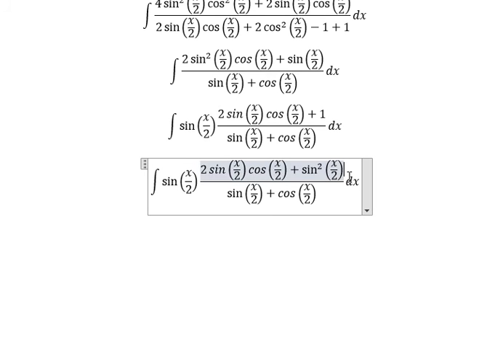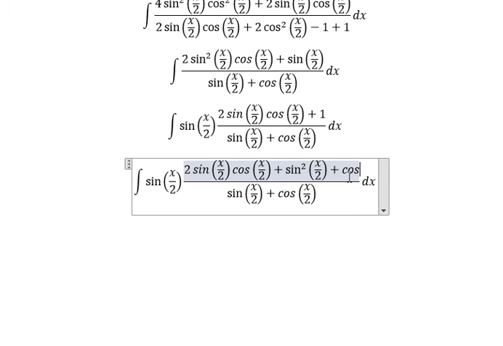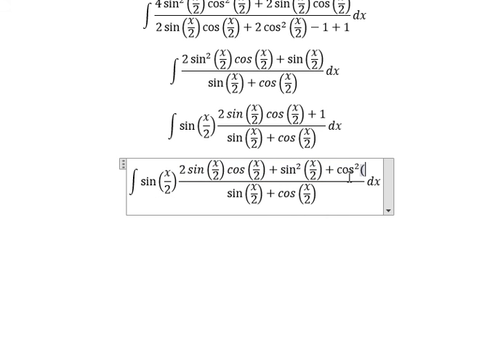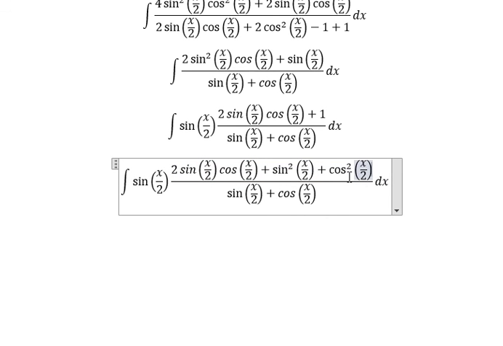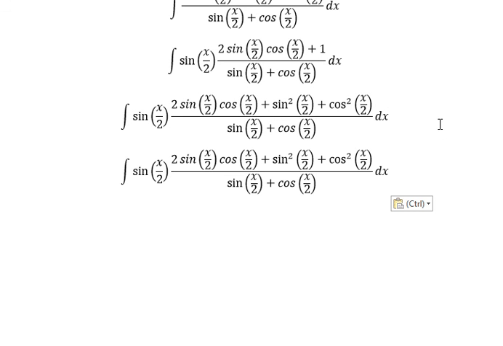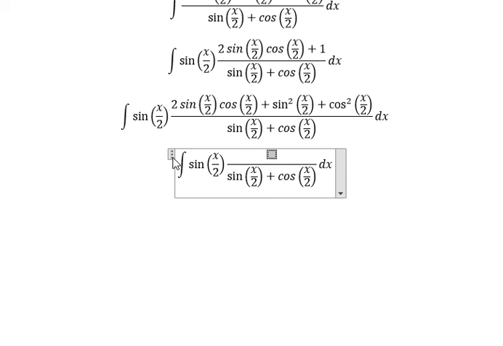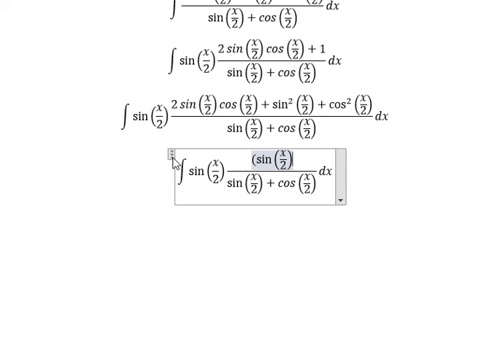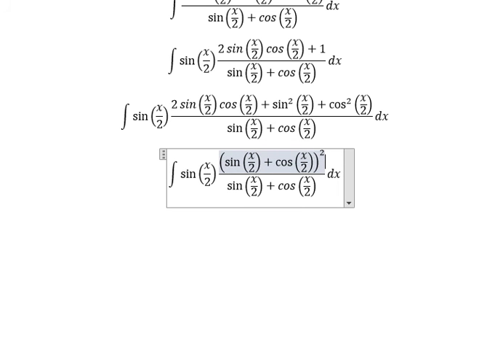plus cosine x over 2 square. Next, about this one, we can put sin x over 2 plus cosine x over 2, everything to the power of 2.